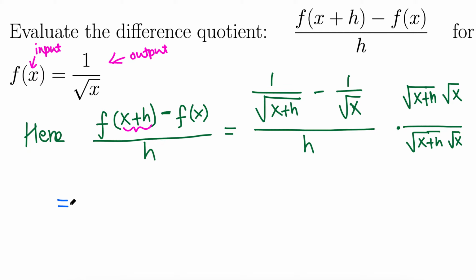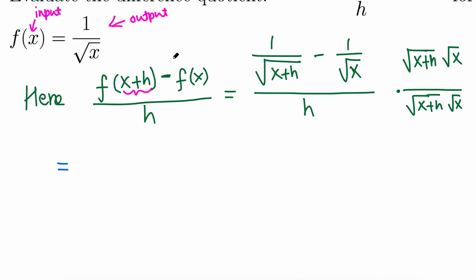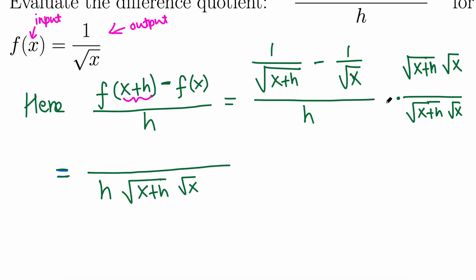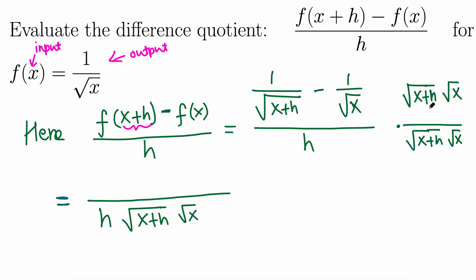So we have nothing to worry about on the bottom because we are trying to simplify the top. So h times these two factors, h square root of x plus h times square root of x. On the top, times means one factor.